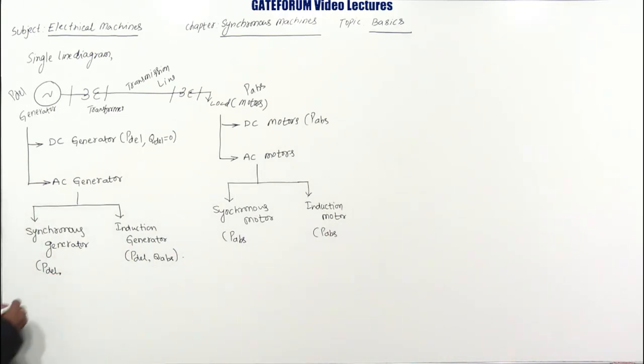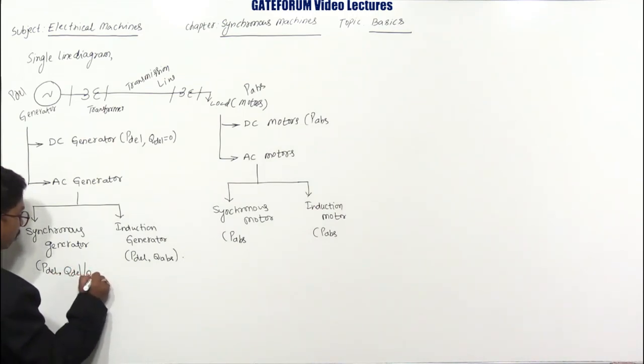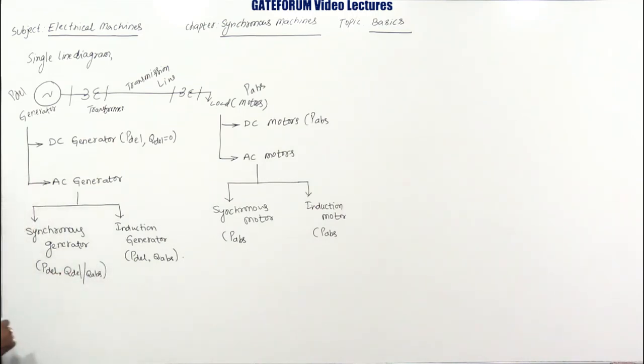The greatest advantage of the synchronous generator is that it can deliver or it can absorb reactive power. It is the only generator in the universe which can deliver reactive power, and it can also absorb reactive power.